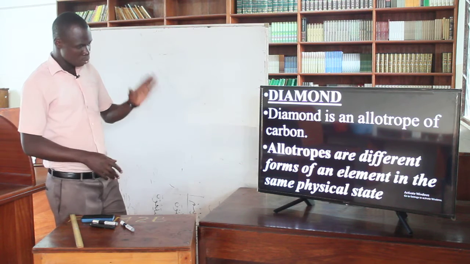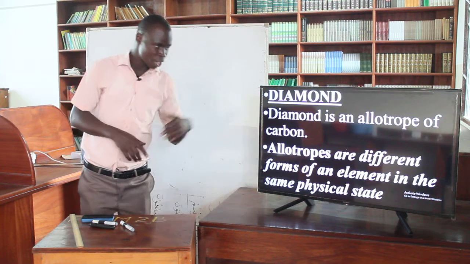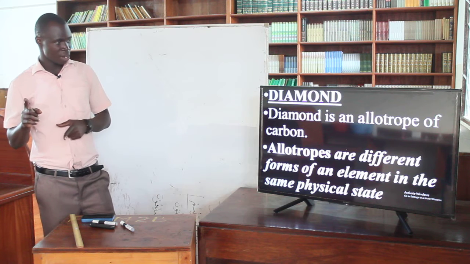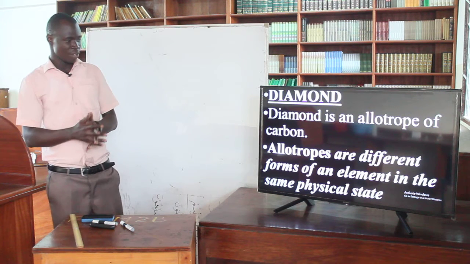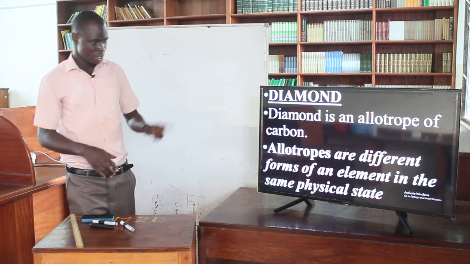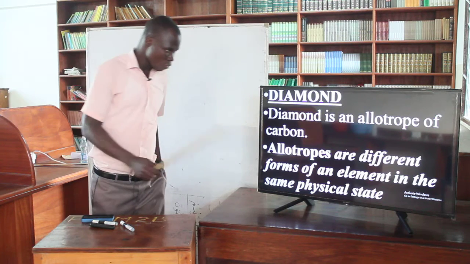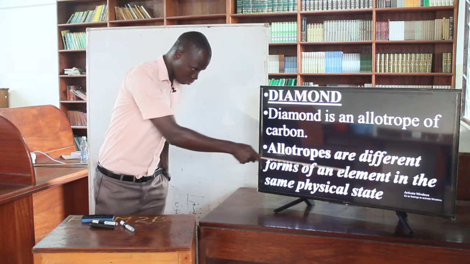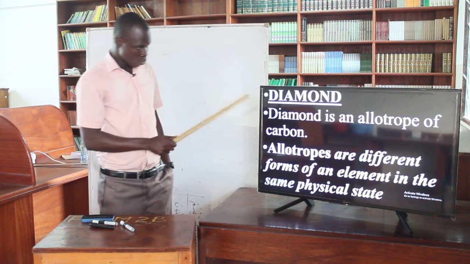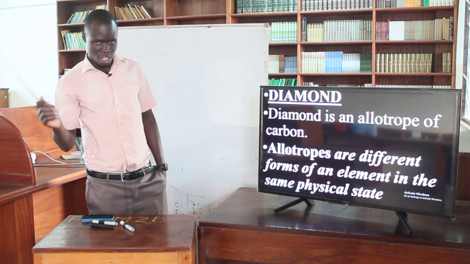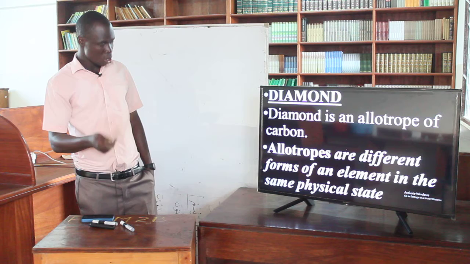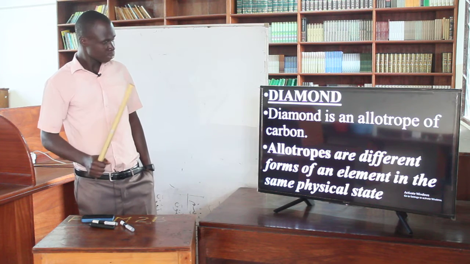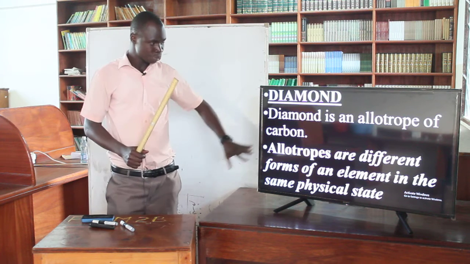For example, diamond and graphite are different forms of carbon. Even though there are more allotropes of carbon, in this case we are going to deal with these two.